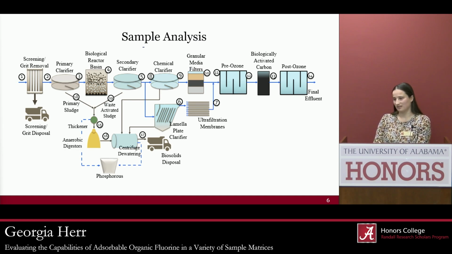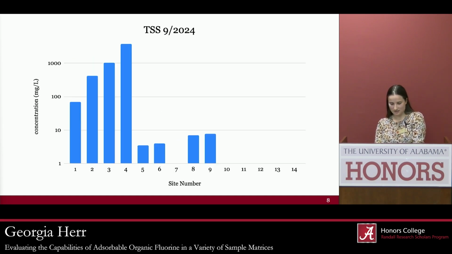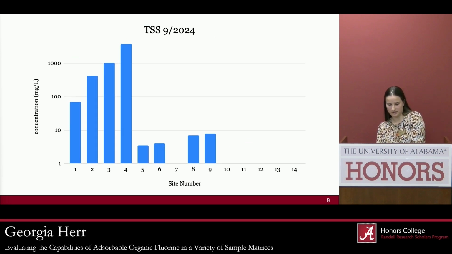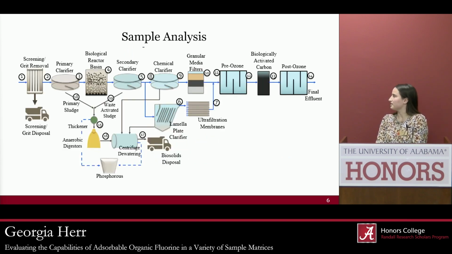In the graph on slide 8, why does the total suspended solid concentration increase, then decrease to 0, and then increase again? Yeah, so you can see that this graph is definitely not as clear and gently sloping downward as the graph for the TOC and the DOC. And so going back to this diagram again, total suspended solids, the key things here are it's small so it doesn't filter out well, and it's suspended so it doesn't settle well.